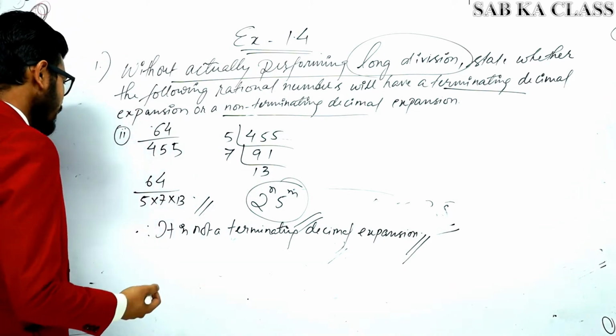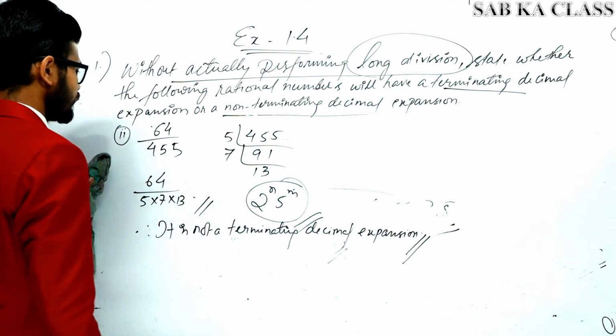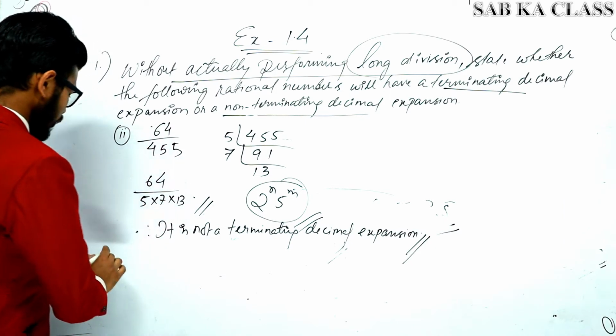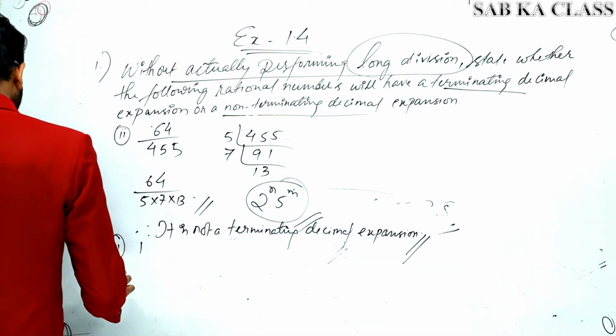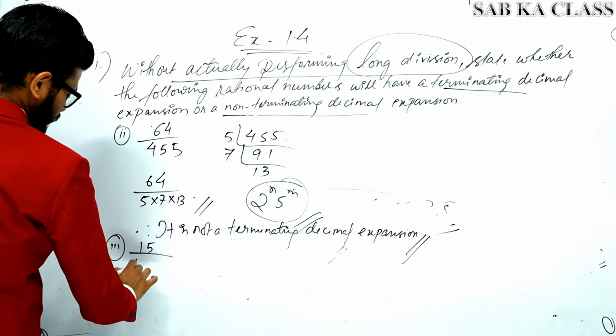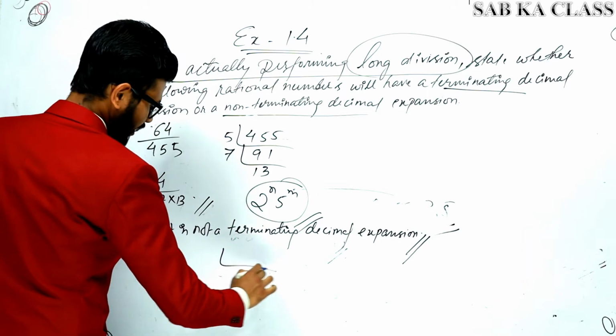Now let us go to the next question. The next question is number 3, 15 by 1600. So let us factorize 1600.